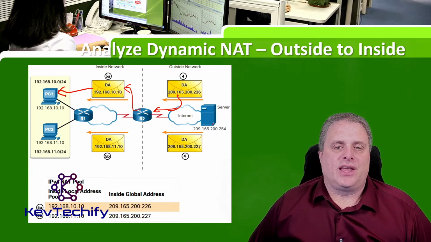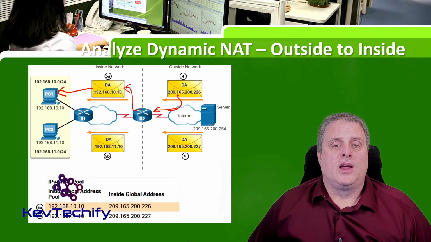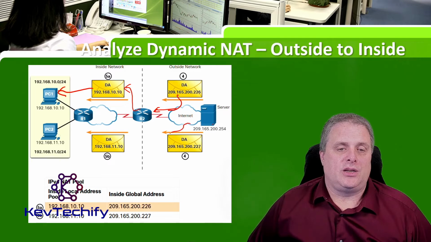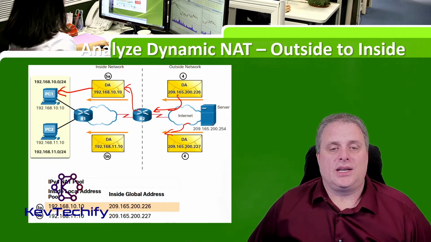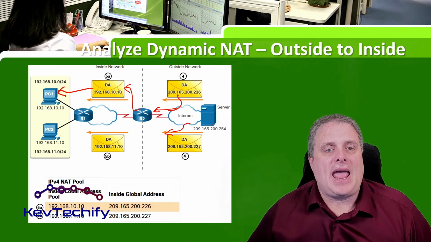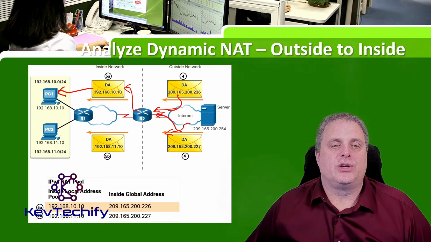Very shortly after that first HTTP response goes to PC1, the web server sends out an HTTP response to PC2 with a destination address of 209.165.200.227, the second address in our NAT pool. The ISP routes it to our router.